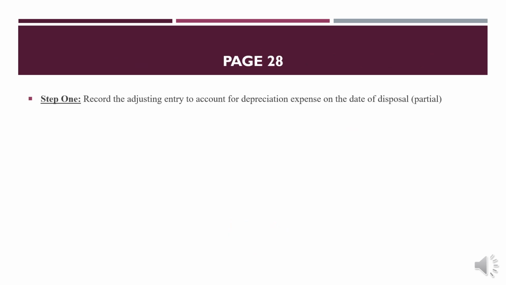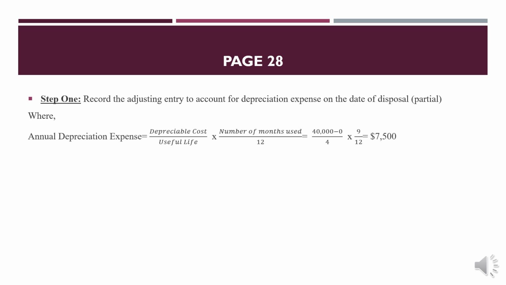Step 1. We need to record the adjusting entry to account for depreciation expense on the date of disposal, which in this case is September 30, 2020. The annual depreciation expense in this case is partial because it was not used till the end of the year, so we need to calculate depreciable cost over useful life times number of months used during the year over 12.